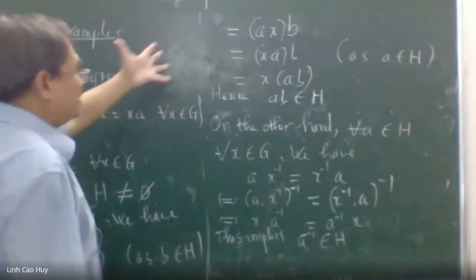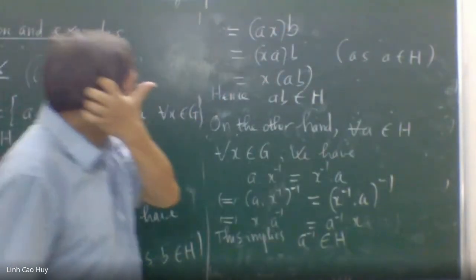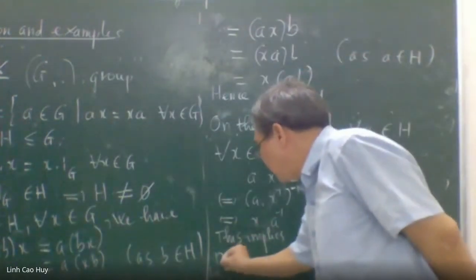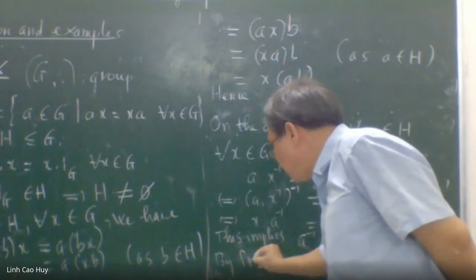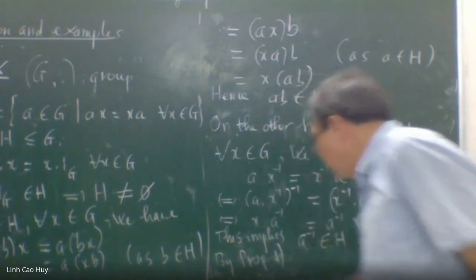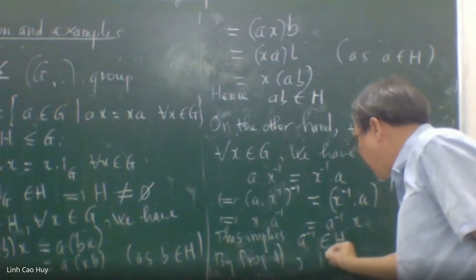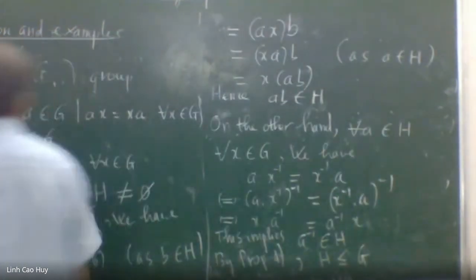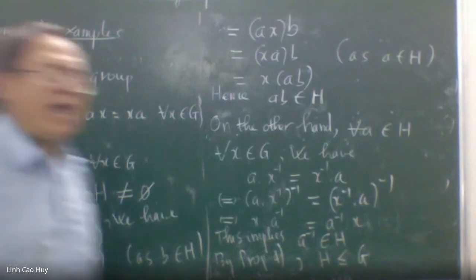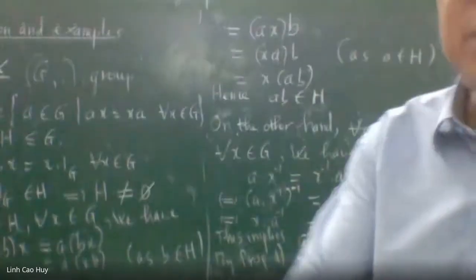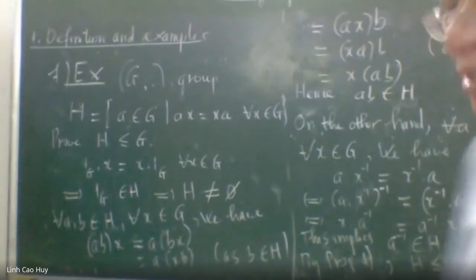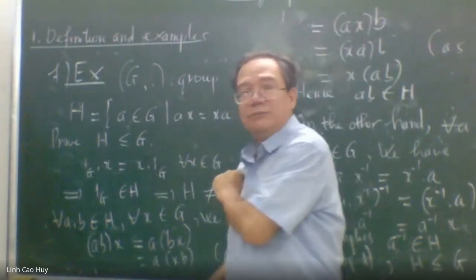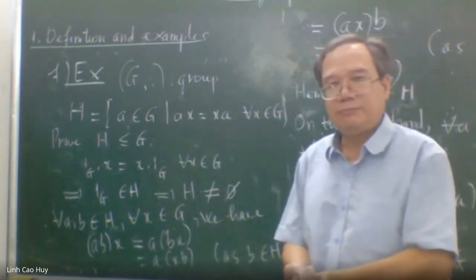We apply proposition D. By proposition D, we conclude that S is a subgroup of G. So the set of elements of G that commute with every element in G is a subgroup of G. We finish this proof.